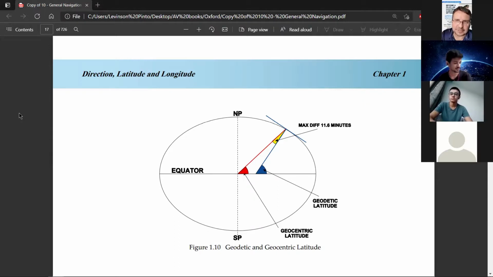You need to understand why you are talking about parallels, why you are talking about meridians, and why you are talking about degrees. Because you don't talk only about degrees. In another scenario you will talk about nautical miles also. You also will talk about, for example, kilometers, or meters. So then you need to identify.